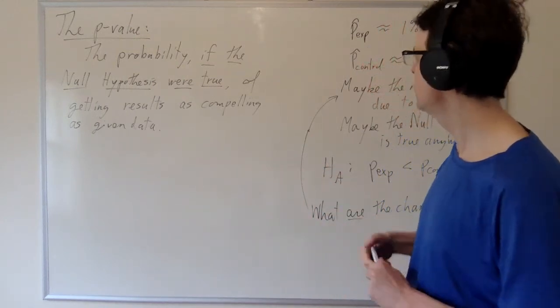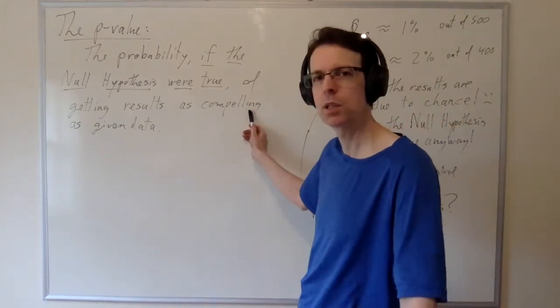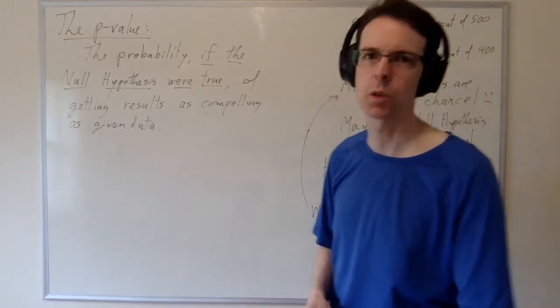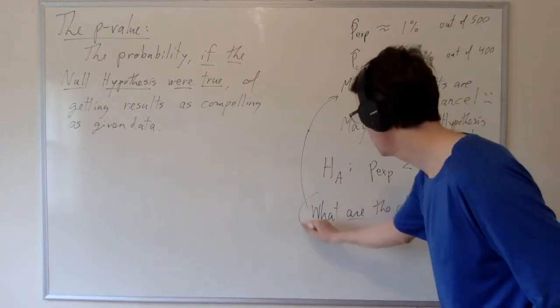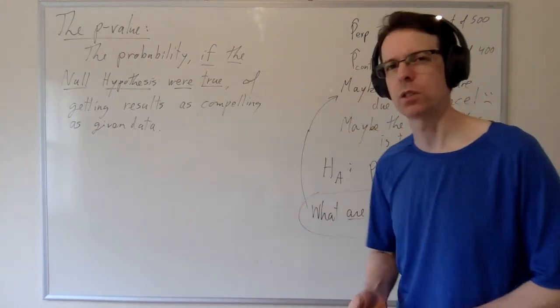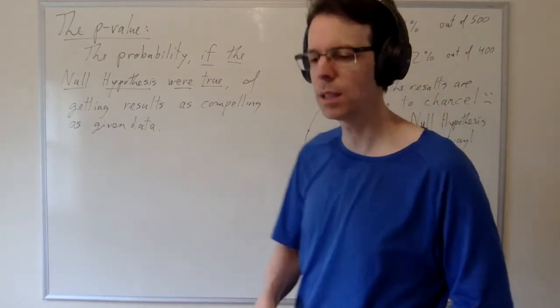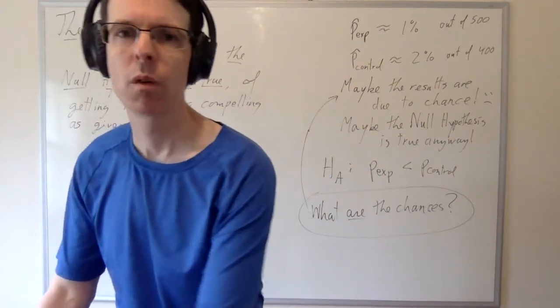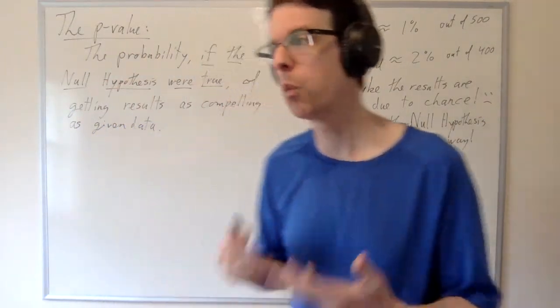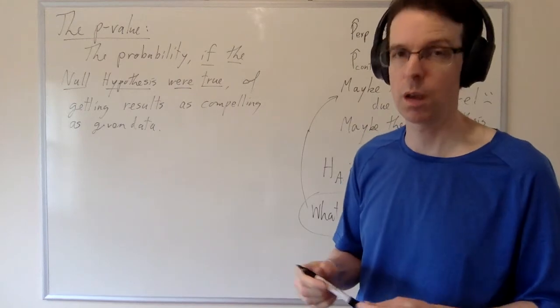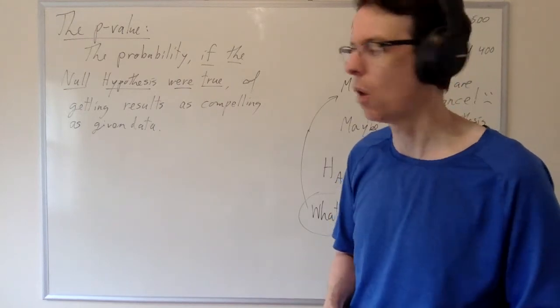And it's the probability of getting results as compelling as you did if the null hypothesis were true. It's the answer to this question. What are the chances of that? What are the chances that the data would have come by coincidence if indeed there were no effect at all?